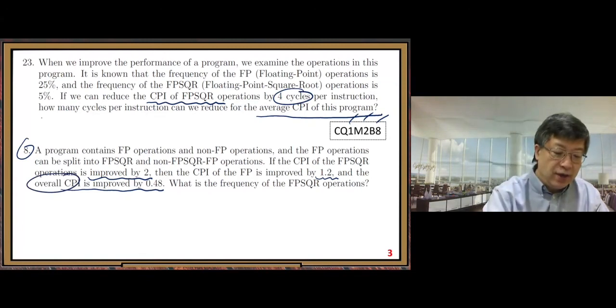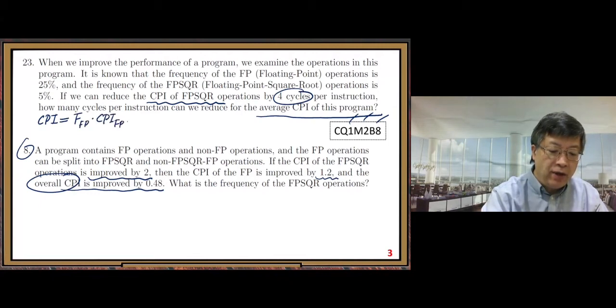So CPI equals frequency of FP times CPI FP plus frequency of non-FP times CPI non-FP.